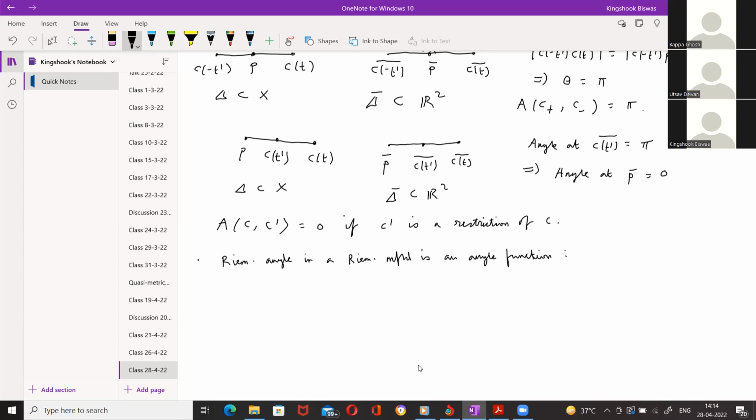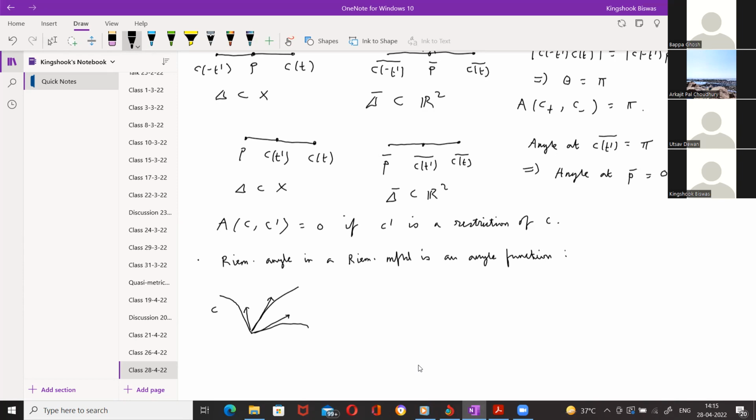If I have three geodesics like this, the Riemannian angle is just the angle between the tangent vectors, right? So say this tangent vector, this is C prime. By definition, are we considering that it is always less than or equal to pi, this Riemannian angle? Yes, yes. You take the angle in the interval 0 to pi, right?